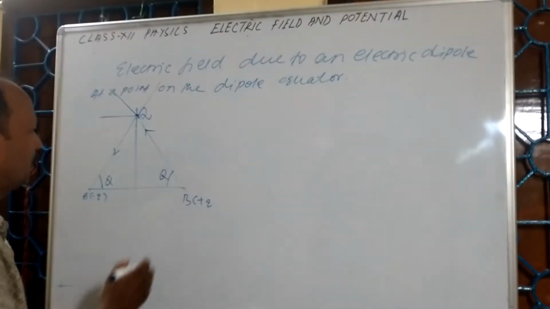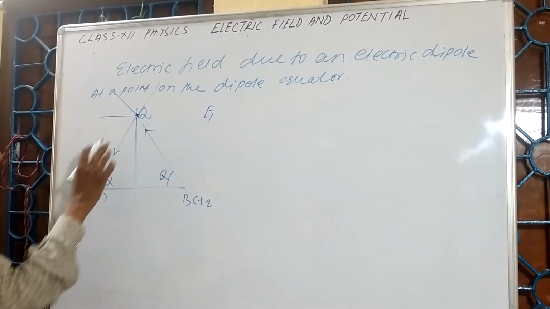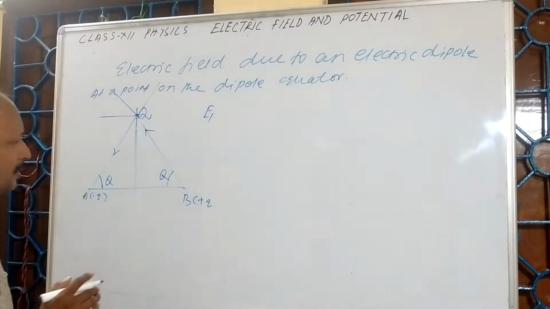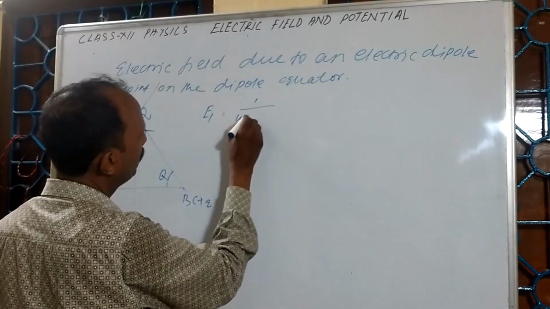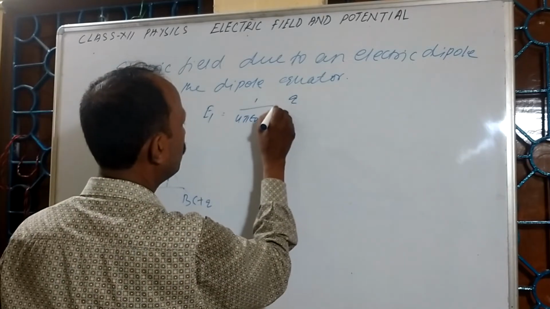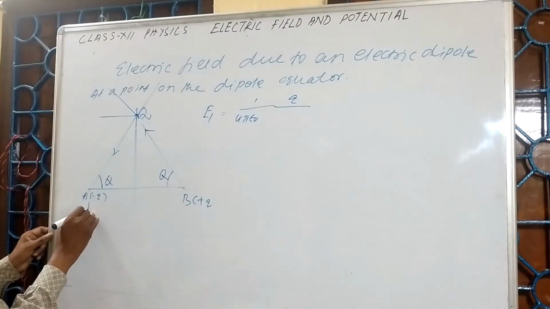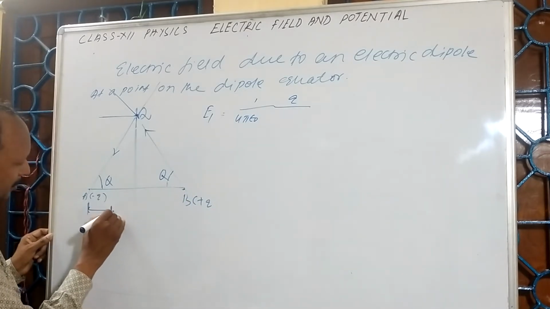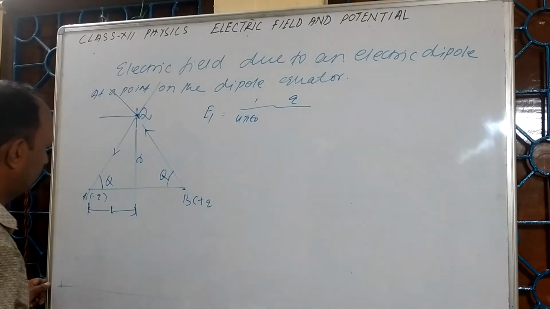So the electric field at the point Q, due to the negative charge q at the point A, I can say is 1 upon 4 pi epsilon naught q upon, see here, suppose from here to here is the dipole, so 2l, so from here to here the distance is l. Let this distance be r.